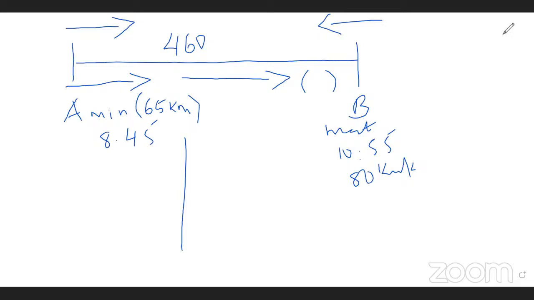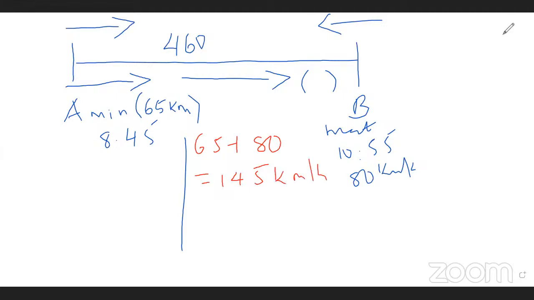When we talk of relative speed, we will be talking of 65 added to 80, because 65 and 80 are both reducing the relative distance. So we get the relative speed to be what? 65 plus 80 is 145. So the distance between the two will be covered at that rate, 145 kilometers per hour.